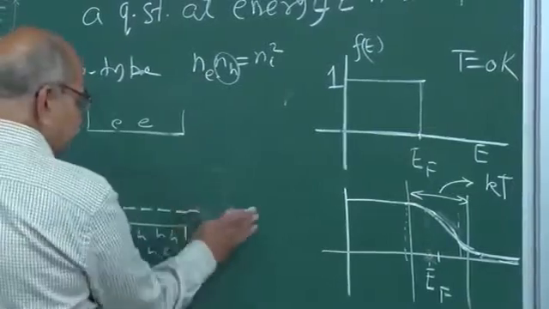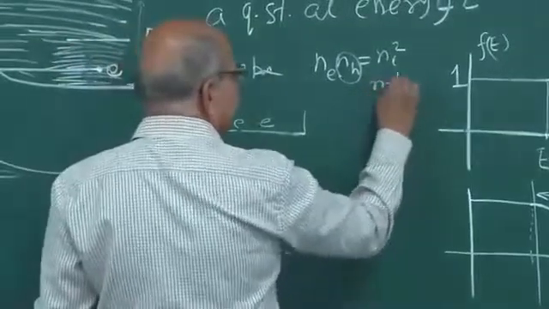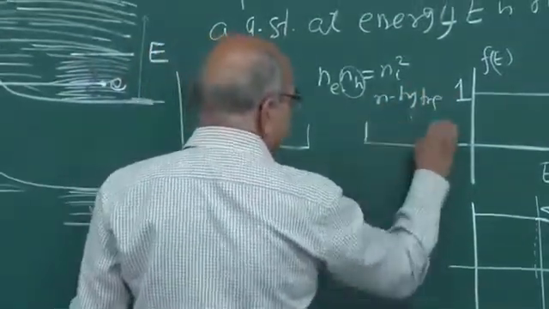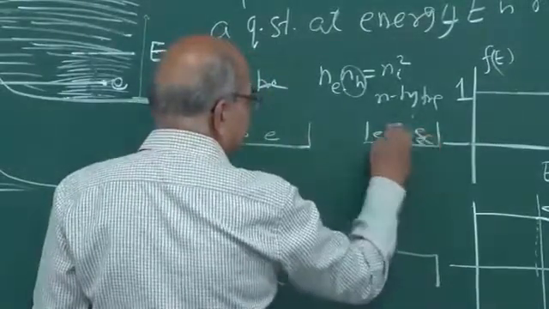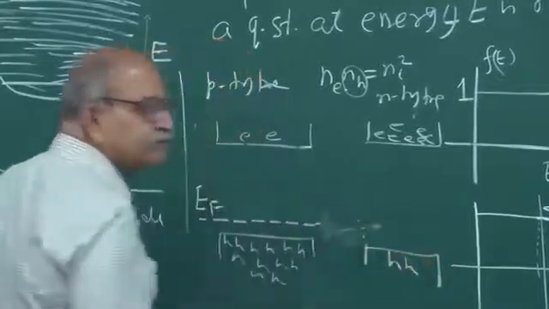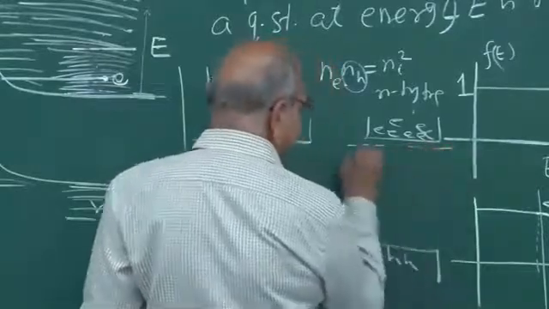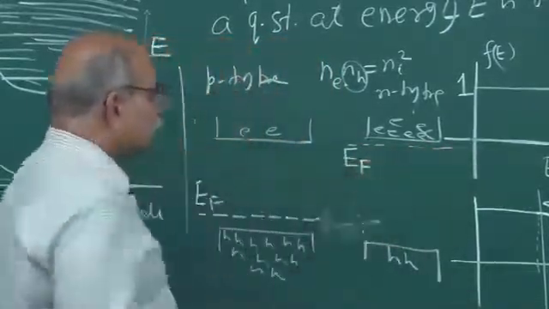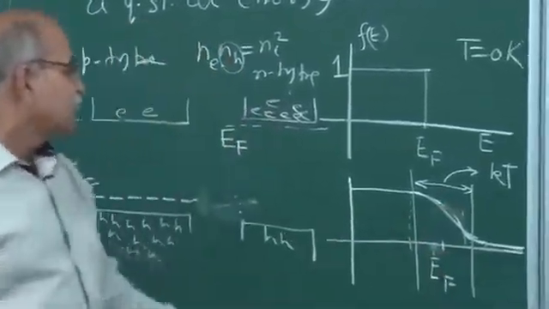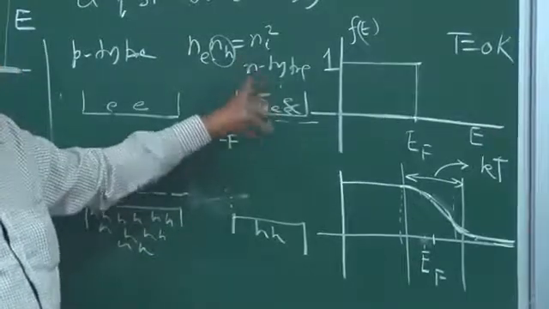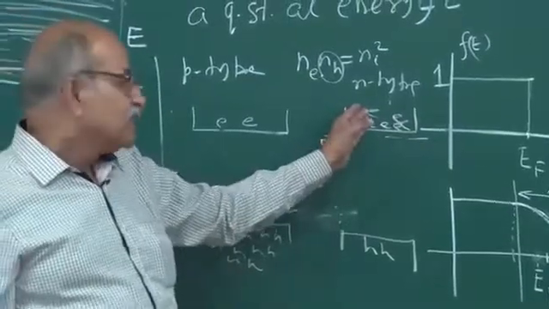Whereas if you have an n-type semiconductor, what happens? In an n-type semiconductor, you have a large number of conduction electrons and a very small number of holes. So here the Fermi energy is close to this EC. You are close to the Fermi energy, slightly above that, so the probability of occupation of these quantum states by electrons is quite sizable.